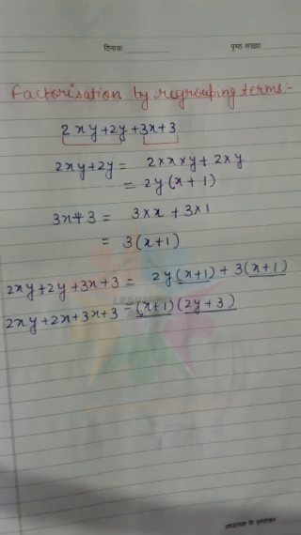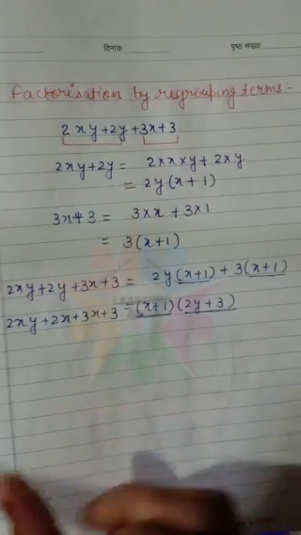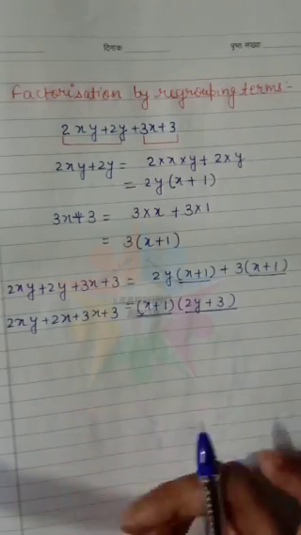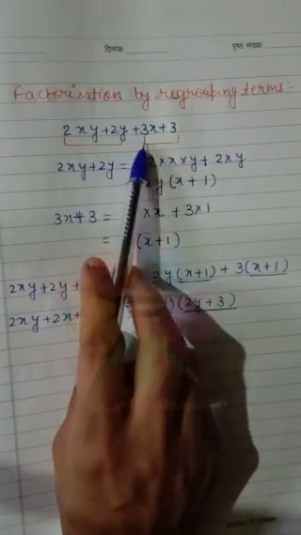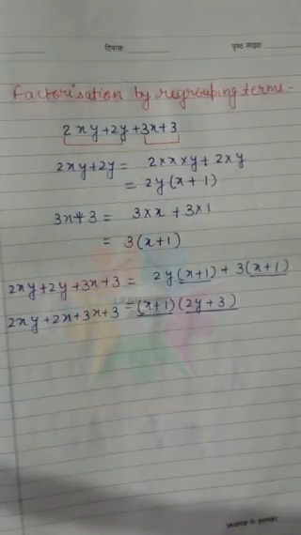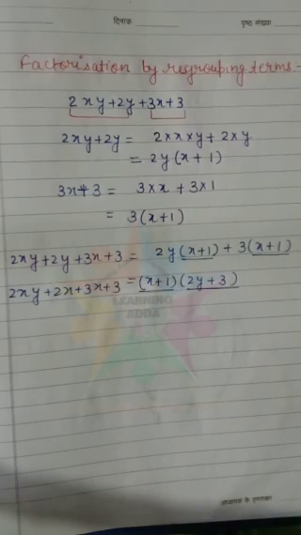In the previous example we factorized the given algebraic expression 2xy plus 2y plus 3x plus 3. One more example to clarify factorization by regrouping terms.